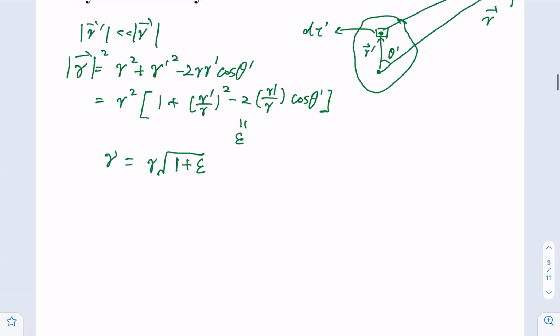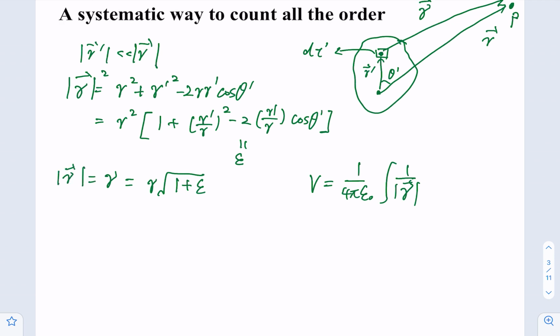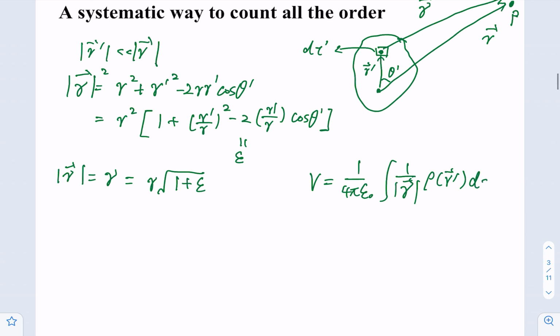Now let's see what the potential looks like. So the potential of this system is simply V equals 1 over 4 pi epsilon naught, integrating over the curly r, times the distribution of the charge at r prime, and integrating over d tau prime, which is the volume element.